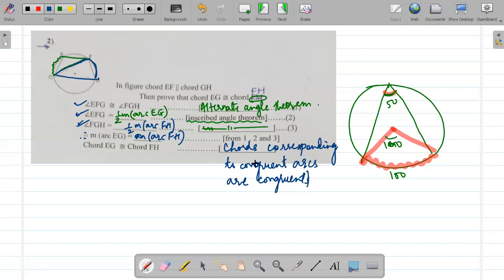The chords which are corresponding to the congruent arcs, that is, if the arcs are congruent, then we can say that the chords are also congruent. Yeah, since these two arcs were congruent, these two chords, they are congruent.